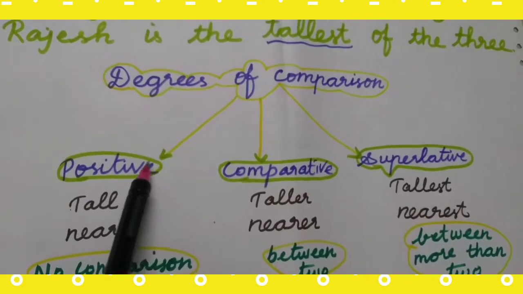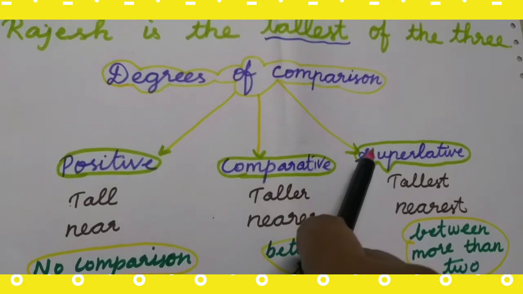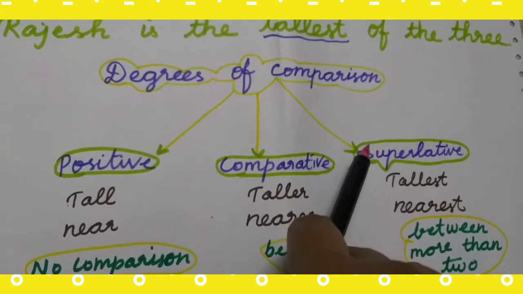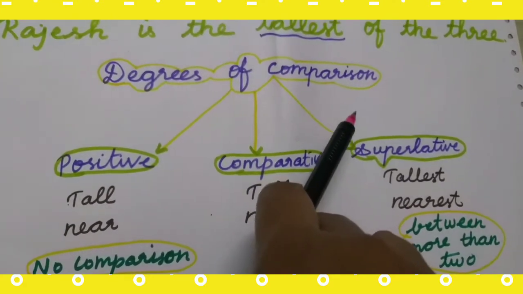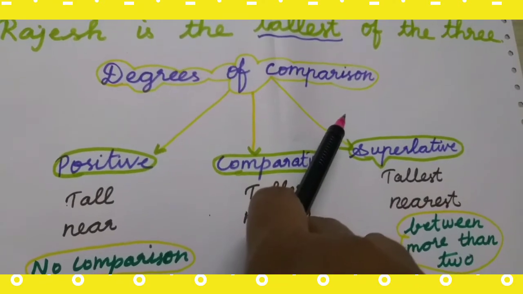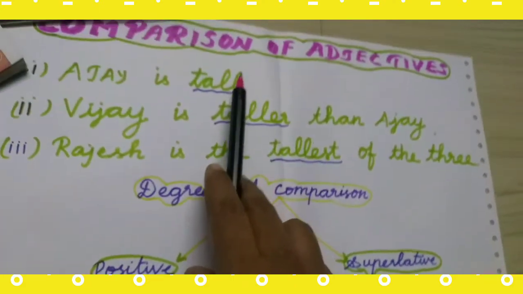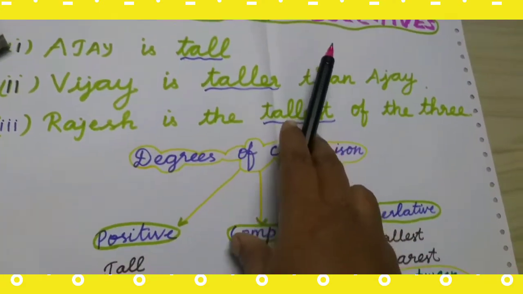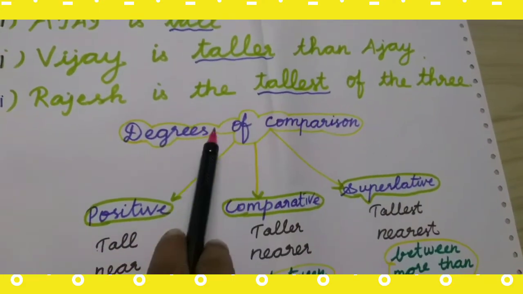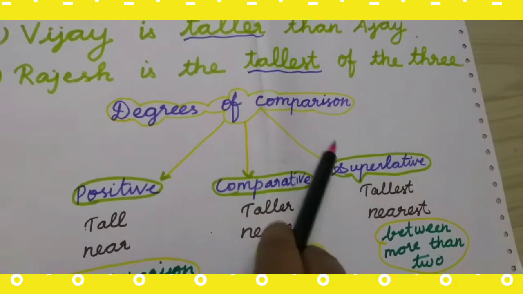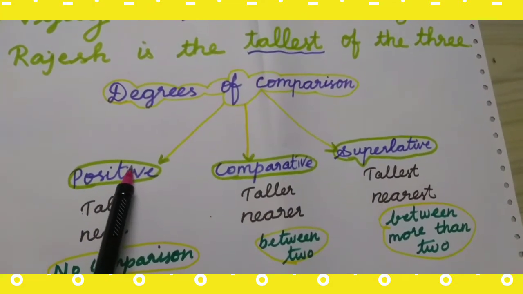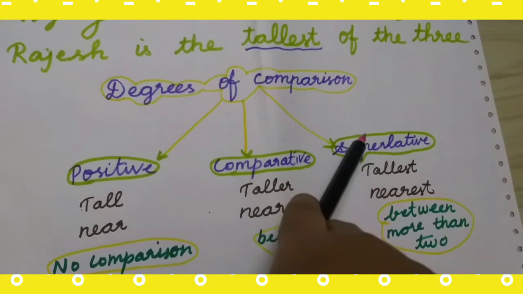All of you listen carefully. In the degrees of comparison, three parts are there: the positive degree, comparative degree, superlative degree.